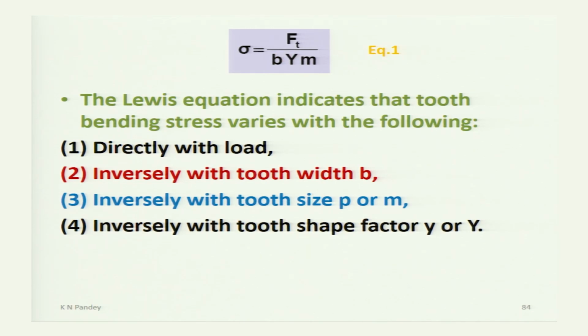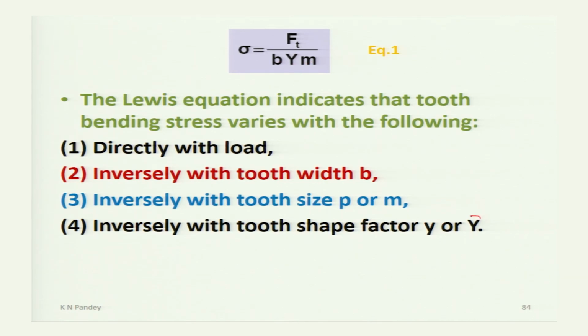So, bending stress is directly proportional to the transmitted load, inversely proportional to the tooth width, inversely proportional to the size of the gear, which is represented by module, and also inversely proportional to the Lewis form factor capital Y, or small y if in place of m the diametral pitch is taken.